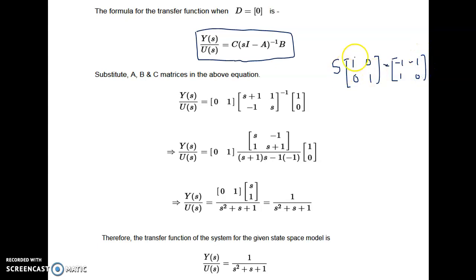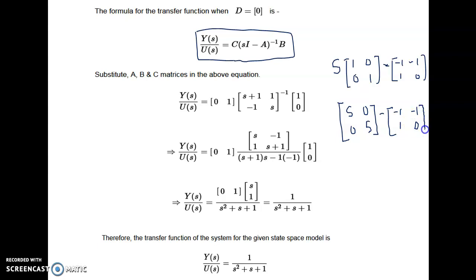Multiply this s inside this, multiply s with the matrix. So I will get the matrix as [s, 0; 0, s]. And then after the multiplication, subtract it with the matrix A, that is [-1, -1; 1, 0].